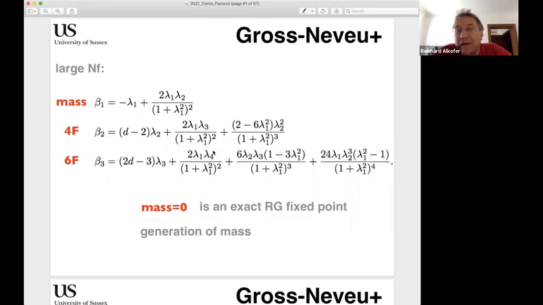In this case, axial U1 was explicitly broken, but not the axial SUN symmetry. In this respect it would be interesting to see whether your result is robust under such changes. Okay, that was only a remark.